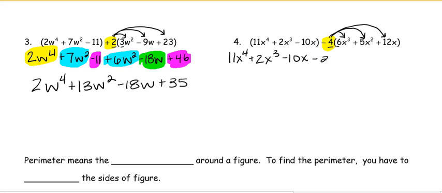That'll give you negative 24x to the 3rd. And then if we distribute negative 4 to 5x squared, negative 4 times 5 is negative 20x squared. And lastly, negative 4 times 12x is negative 48x.